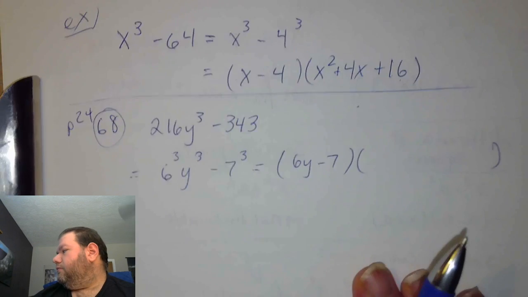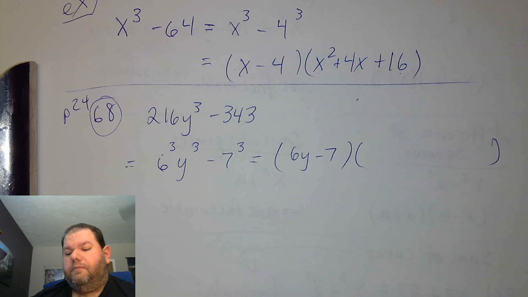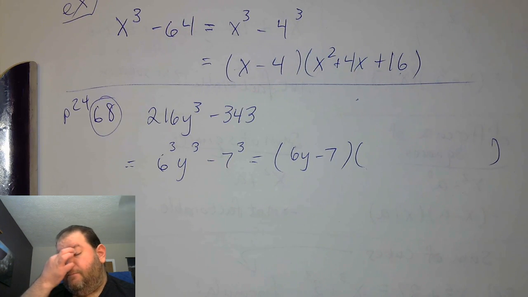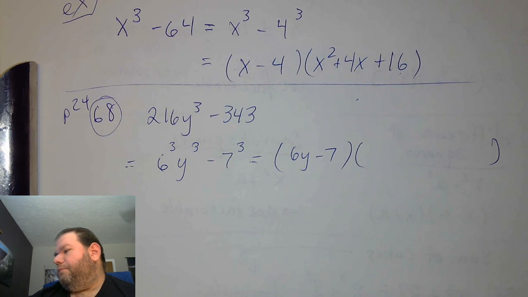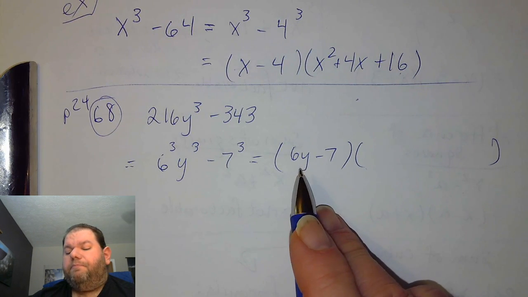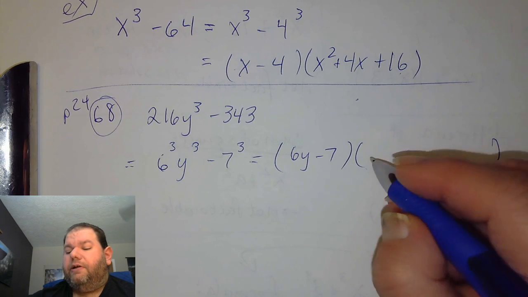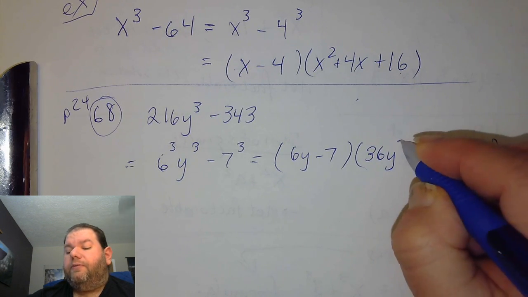Okay. First term in the parentheses. Now, let's be careful about that. We know that we're going to square the 6y, but when we square 6y, we square both the 6 and the y. So 36y squared.